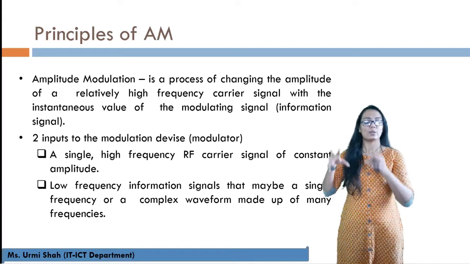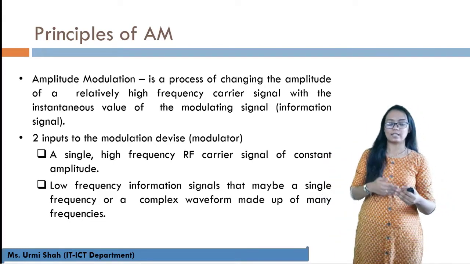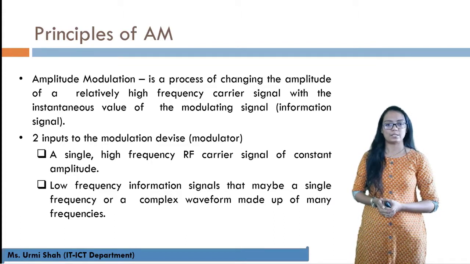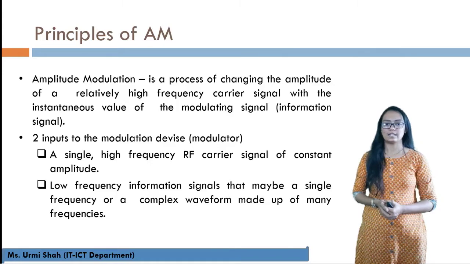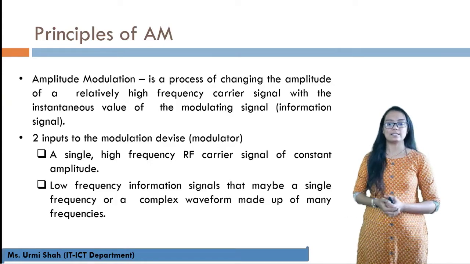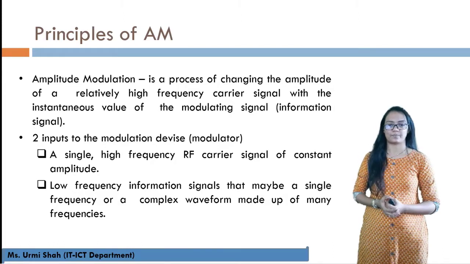So basically, you are having one information signal and that information signal we are varying in terms of amplitude parameters, and the process of changing the amplitude with respect to some high frequency carrier signal and modulating that signal instantaneously is known as amplitude modulation.